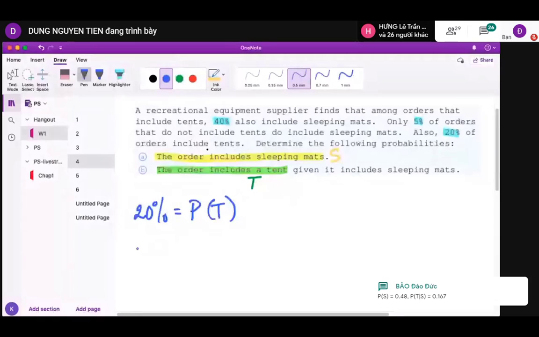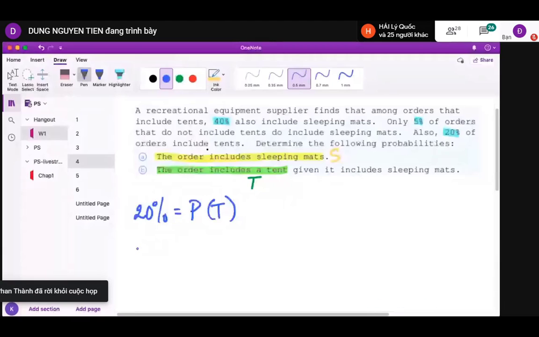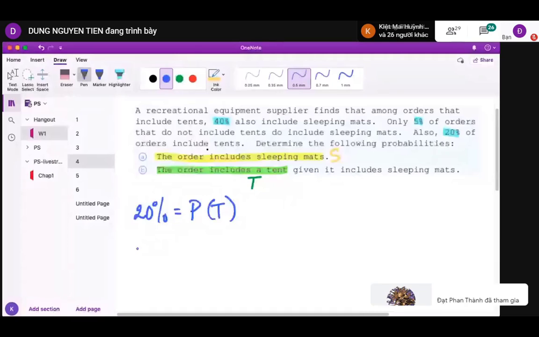If an order includes a tent, then the probability that it also includes a sleeping mat is 40%, and the probability that it does not include a sleeping mat is 60%. If an order does not include a tent, then the probability that it includes a sleeping mat is 5%, and the probability that it does not is 95%. That makes sense to you? Good.